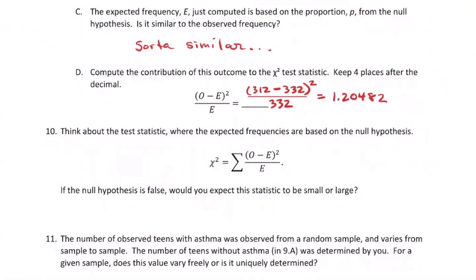Okay. Now here's a difficult question. This is measuring deviation based on this null hypothesis. Remember, the null hypothesis says that P is 17%, and from that we were able to come up with these values. The expected frequencies, the E's, are based on this.